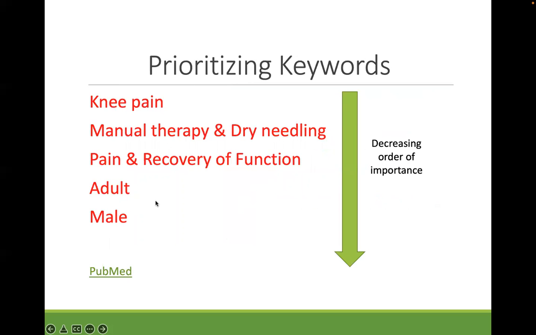After I've identified my keywords, I need to list them in order of what's most important and what's least important. And the reason I do that is because I have 5 concepts that are here. For example, knee pain is a concept, manual therapy is a concept, dry needling is a concept, but I'm putting those together. Pain and recovery of function, that's a concept, adult is a concept, and male is a concept.